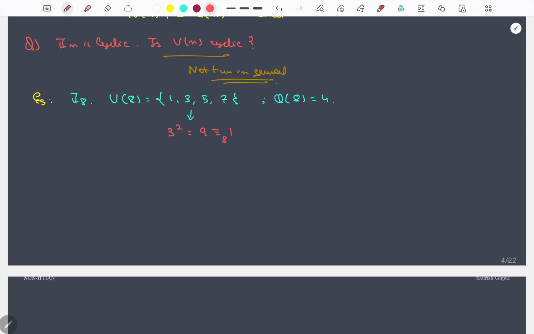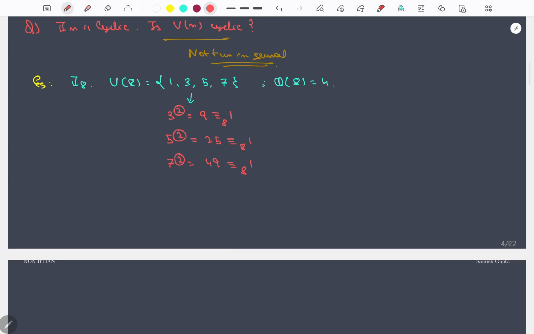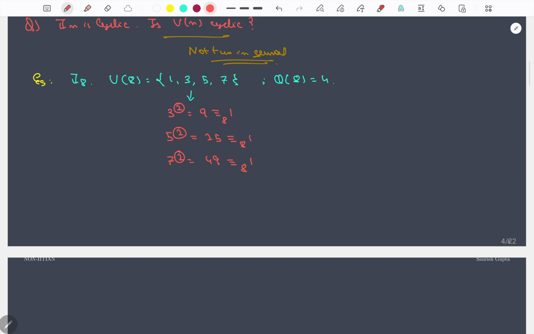So the order of 3 is 2. 5 squared is 25, also congruent to 1 modulo 8, so the order of 5 is also 2. And 7 squared is 49, again congruent to 1 modulo 8, hence the order of 7 is also 2. So none of the elements have order 4. So it won't be cyclic, right?